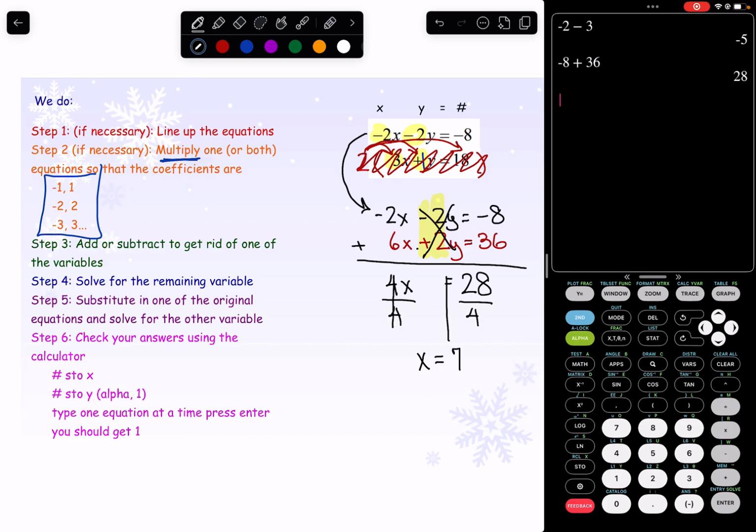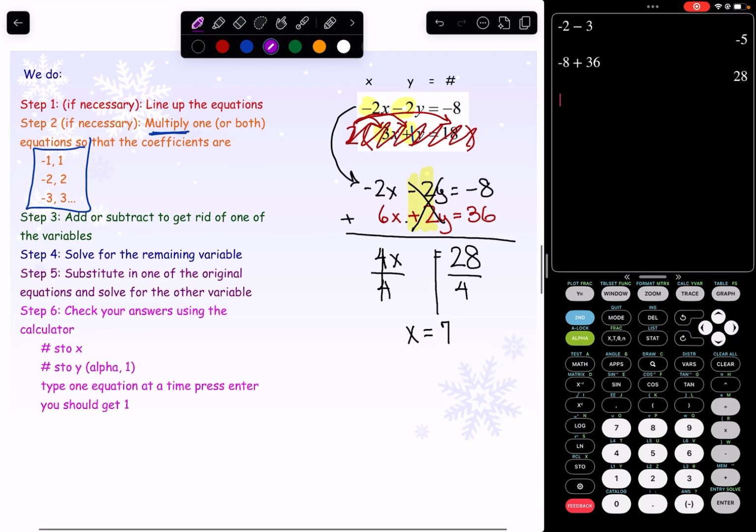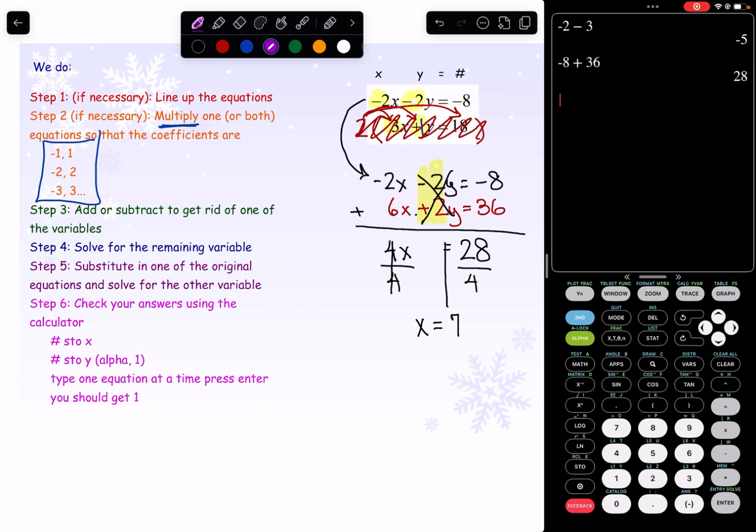So this did take a little bit longer, but I still get my answer. Now I'm going to continue with step 5, which is to substitute into one of the original equations to solve for the other variable. So if I erase all this stuff I crossed out, you can use either one of these equations to substitute.